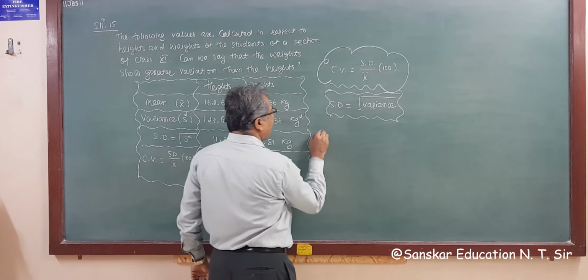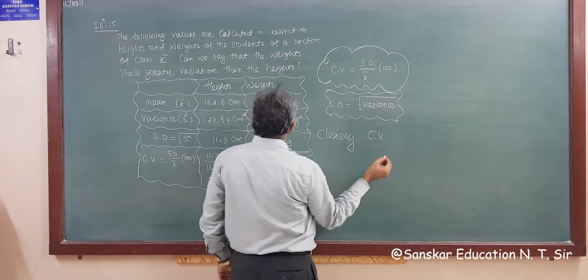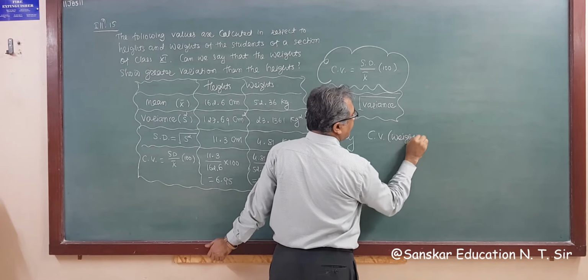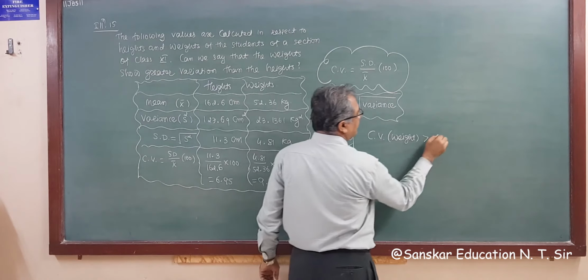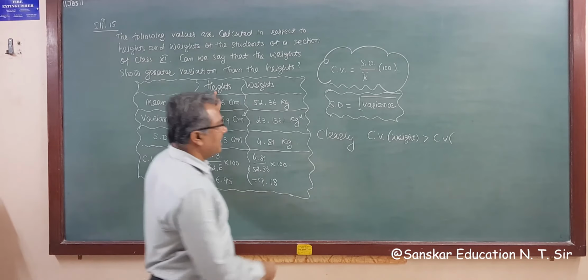So clearly the CV of weight is greater than the CV of height.